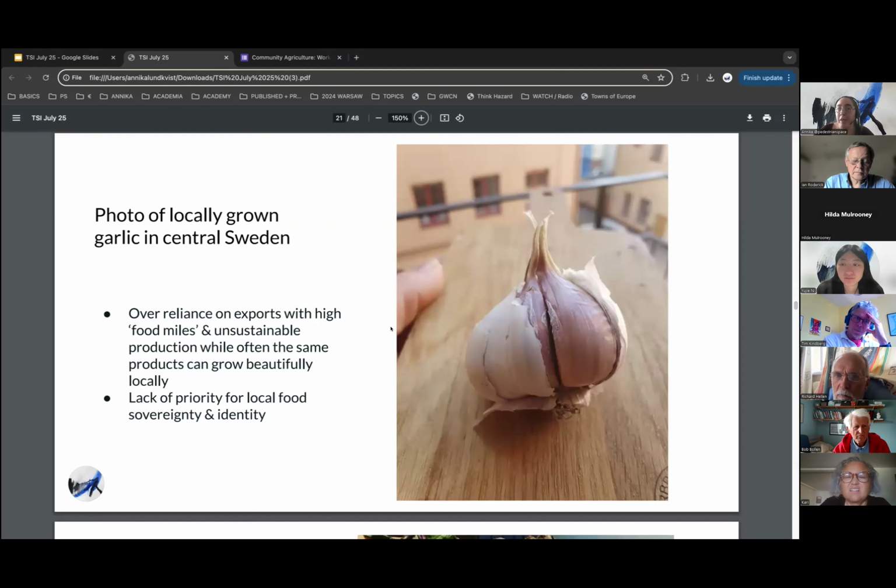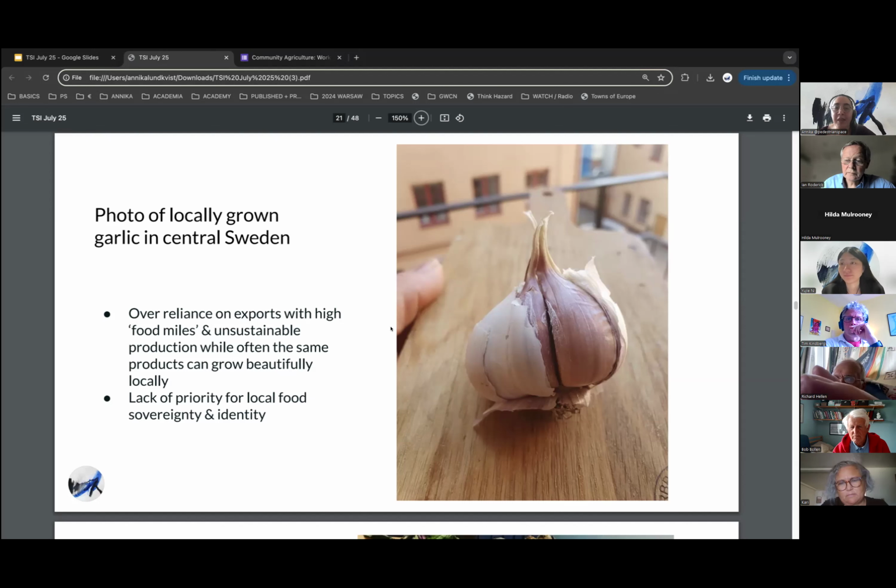So very briefly, also still in Sweden, this was around the same time that my cousin gave me this bulb of garlic from her allotment garden. Some of the best garlic I've had in my life, grown in the soils of an allotment garden in the Stockholm region.